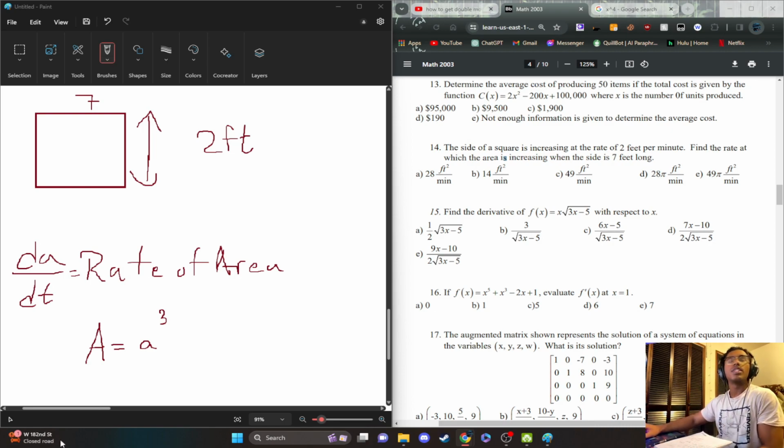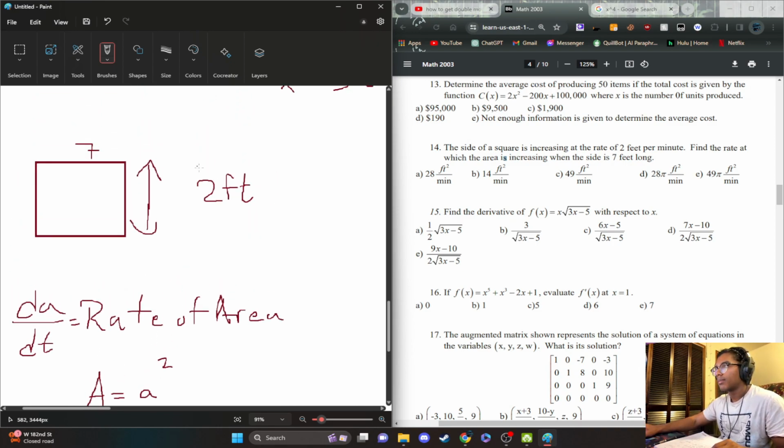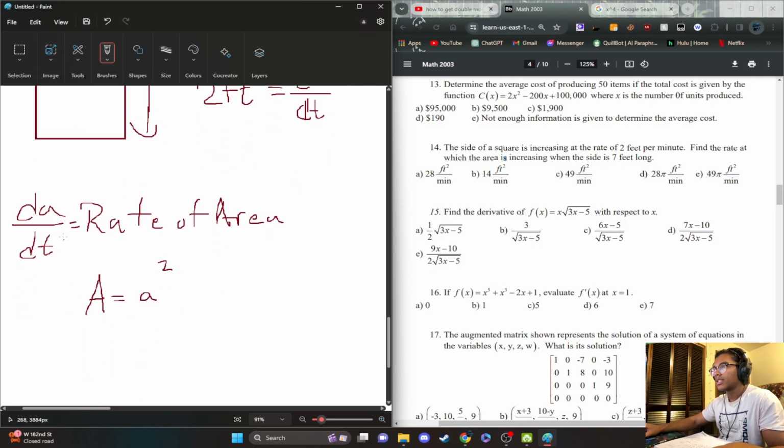No, it's squared. A squared. So once you have this, you find dA over dt and plug in this value. They're saying that the area is changing. No, it's not.